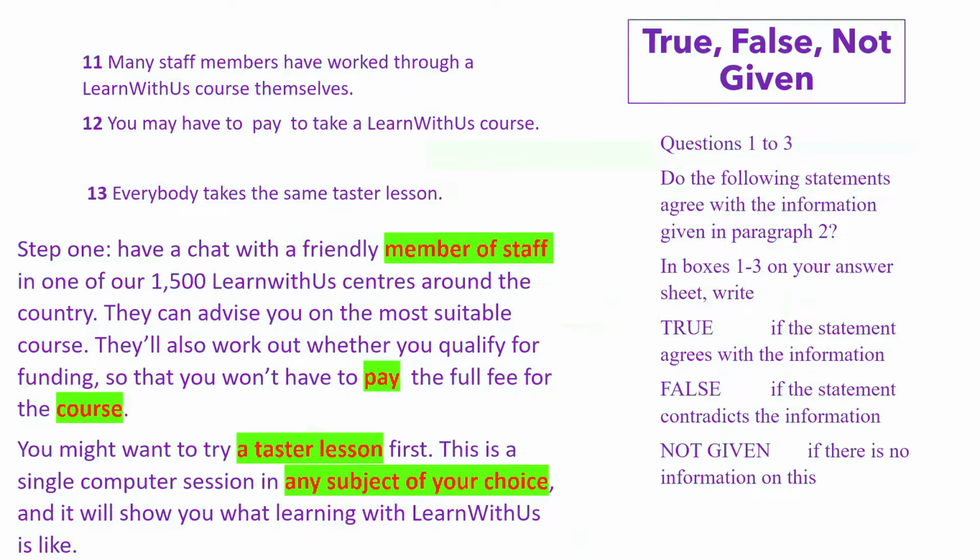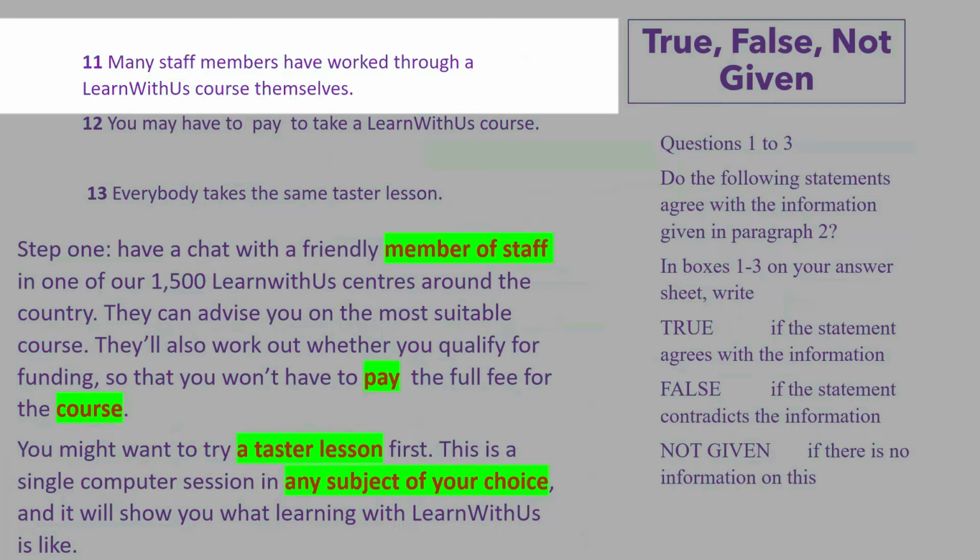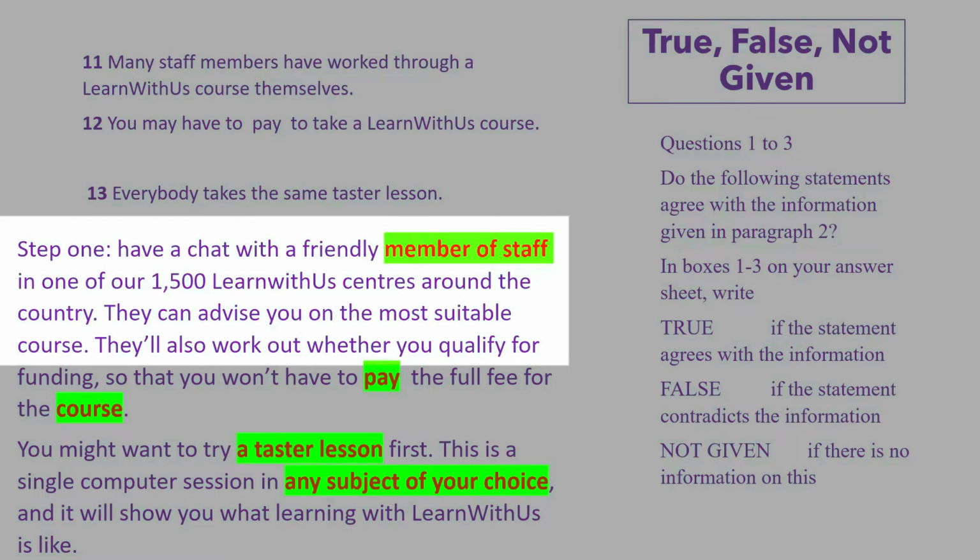Now, let's hone in on this part of the passage and apply careful reading. So the first question, many staff members have worked through a Learn With Us course themselves. Now, let's read the extract. Step 1, have a chat with a friendly member of staff in one of our 1,500 Learn With Us centers around the country. They can advise you on the most suitable course.